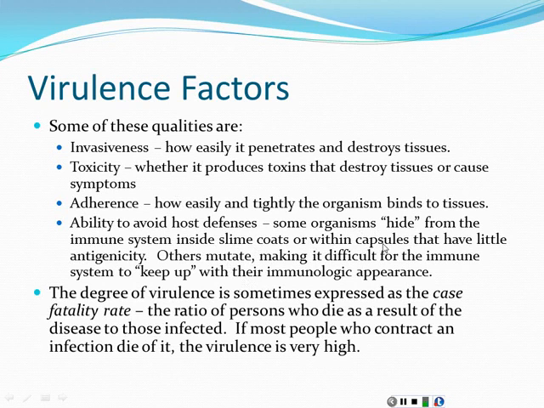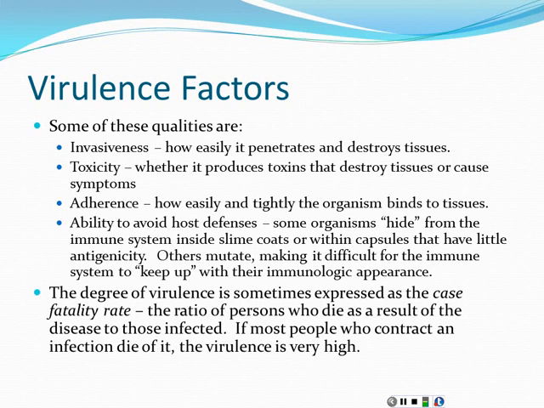Others have capsules that have very little response to the immune system that they can hide in. Others can mutate very quickly. Our immune system works by looking at little tiny pieces of a thing to identify the whole thing. So if the germ can keep changing the little pieces of itself, the immune system can never get a good look at it, so to speak. It can never label it with antibodies, so then it can be gotten rid of.